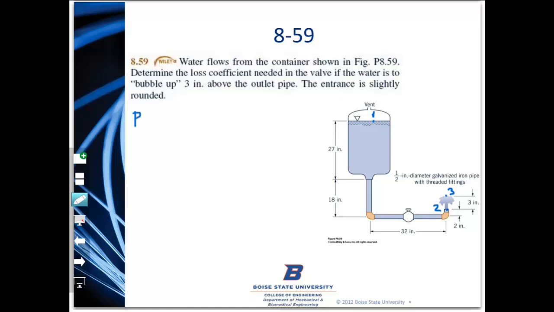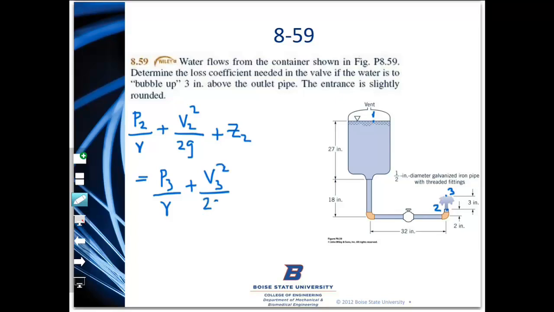So I get P2 over gamma plus V2 squared over 2g plus Z2 equals P3 over gamma plus V3 squared over 2g plus Z3.